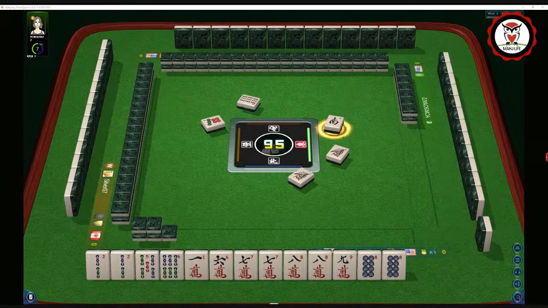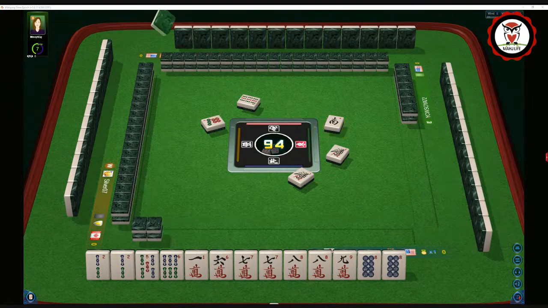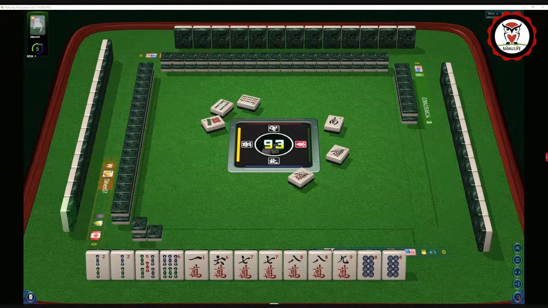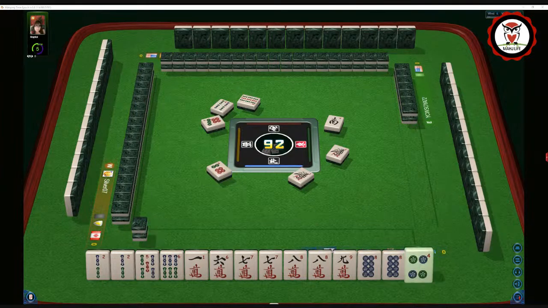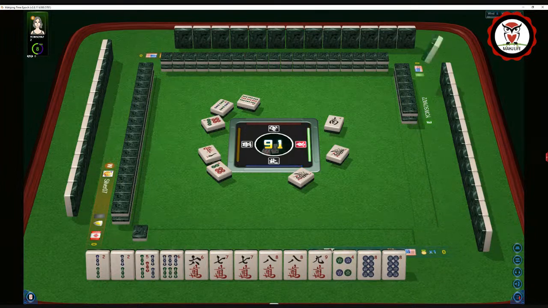South wind. 4 bamboos. 6 dots. 4 dot. Look at the evens. Okay, let's let the 1 go. 1 character.